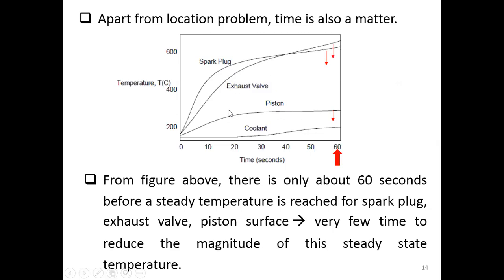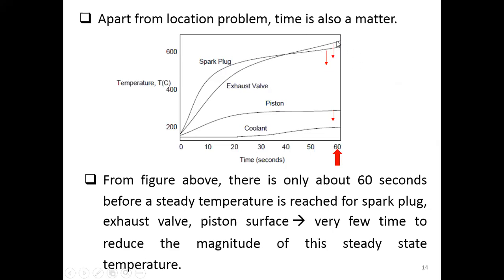At the beginning, it's low, of course, but when the engine starts to operate, the temperature goes up for the spark plug, the exhaust valve, the piston, and the coolant. After that, it will reach the steady temperatures. It will not go beyond this. It does not keep going up and up. It will stop at one certain steady temperature here.